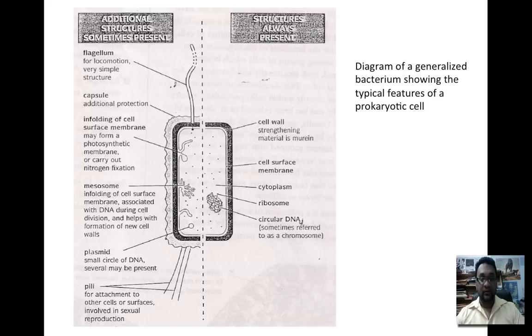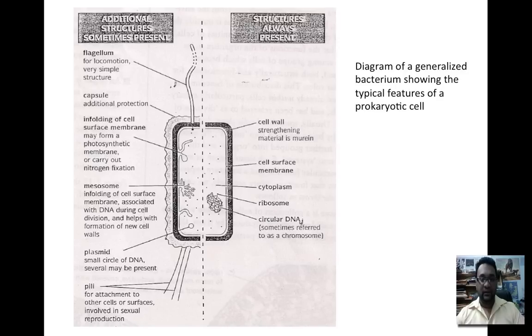You should know by now that plant cell walls are composed of a material called cellulose. There is no cellulose in the cell walls of a prokaryotic cell. It's made up of something else.